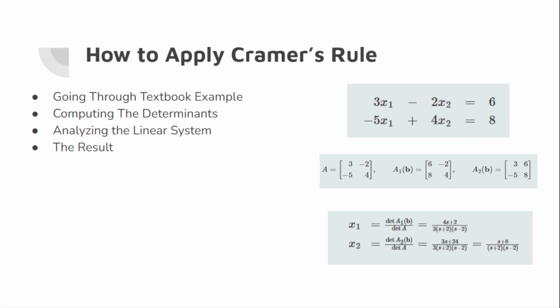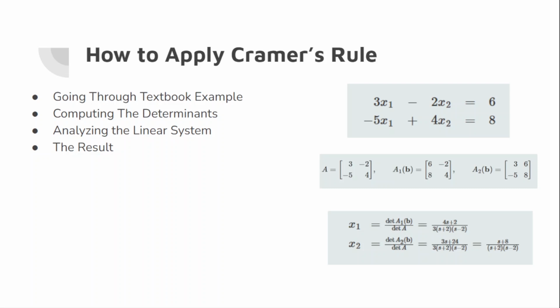And so the determinant of the A1 matrix is 6 times 4 minus negative 2 times 8, which is 40. And then the determinant for A2 is 3 times 8 minus negative 5 times 6, which is 54.